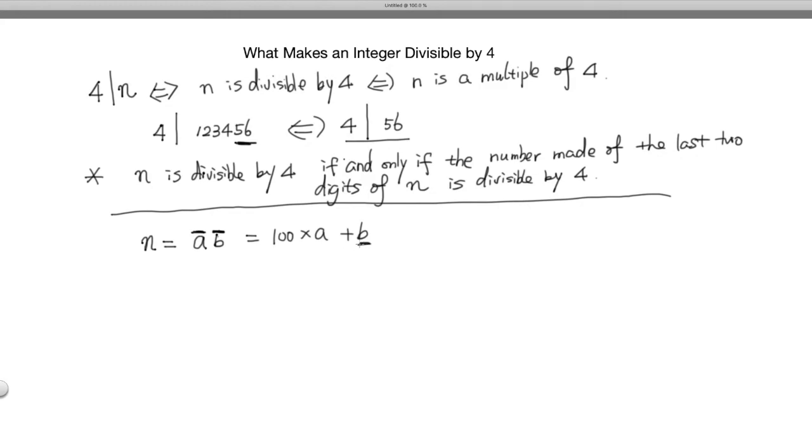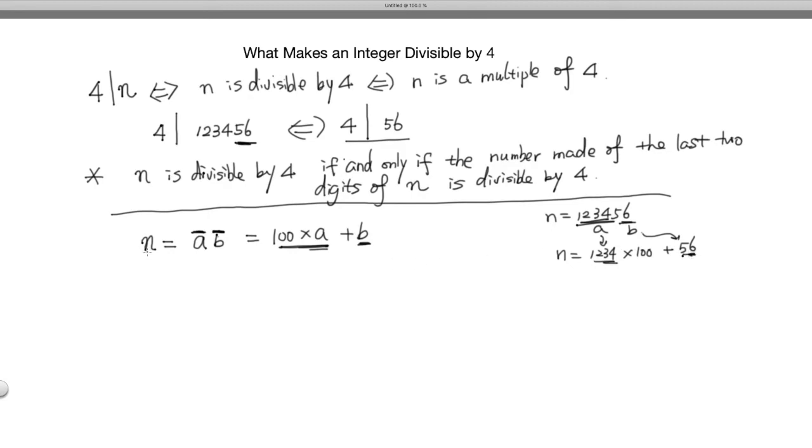For example, for n equals 123456, a is 1,234 and b is 56. So n equals 1,234 times 100 plus 56.